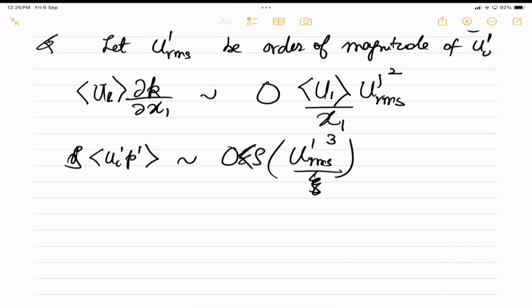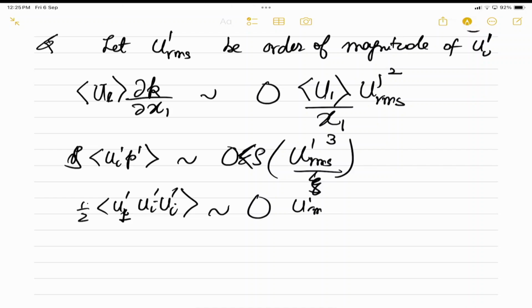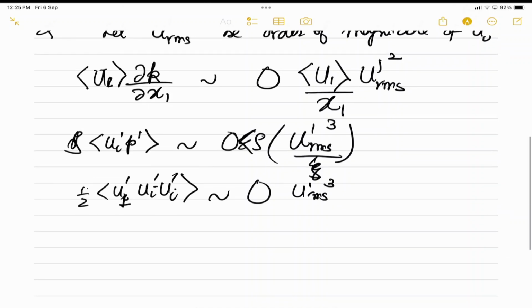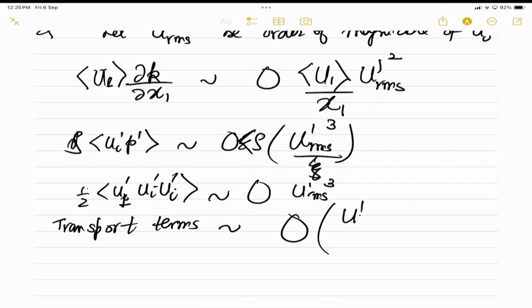And similarly, half of u1 ... this is also of the order of u prime RMS cube. So the transport terms are of the order of u prime RMS cube upon x1.